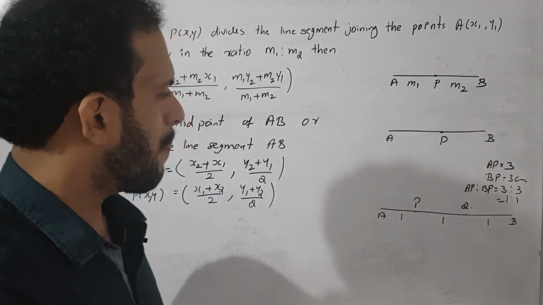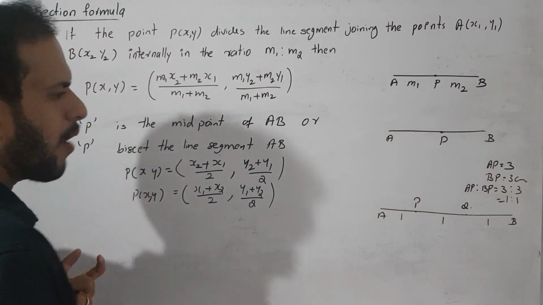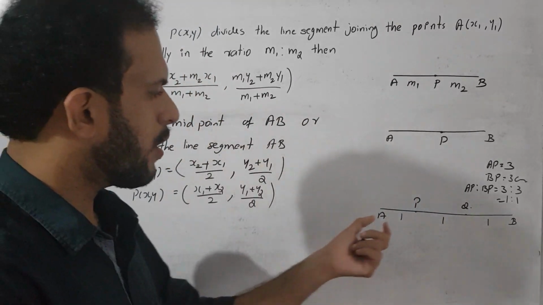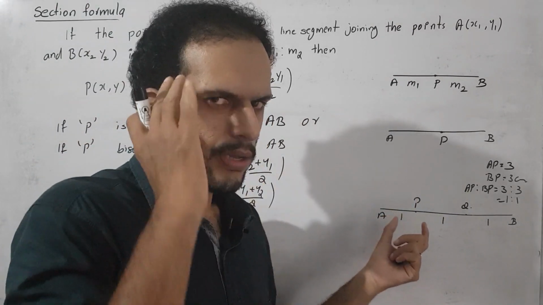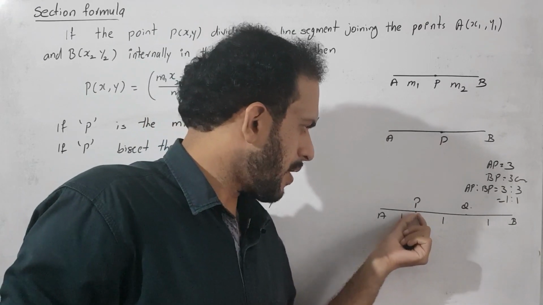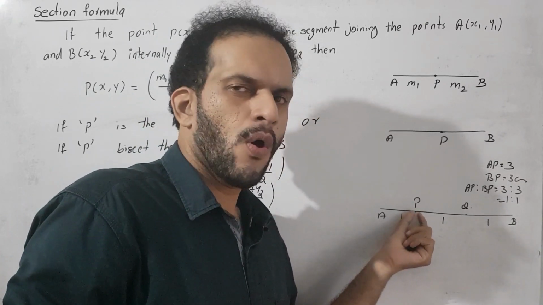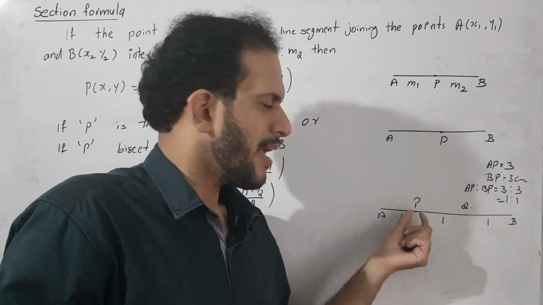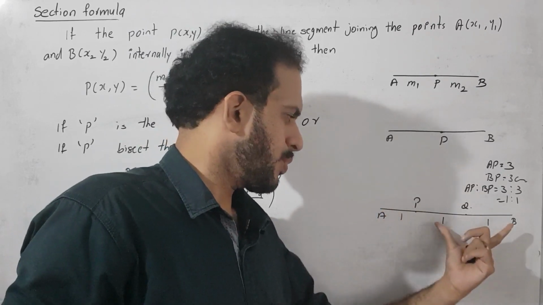Okay, so using the section formula, how do we find the coordinate of P? If we want to find the coordinate of P, don't forget, it's very important, what is the ratio? We have only two ratios. What are they? M1 and M2.